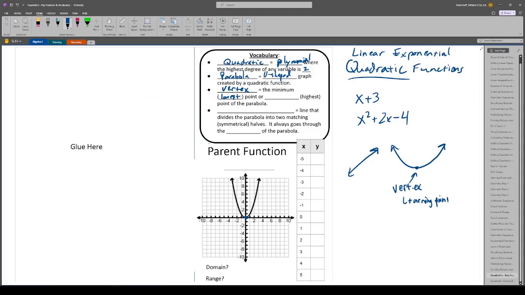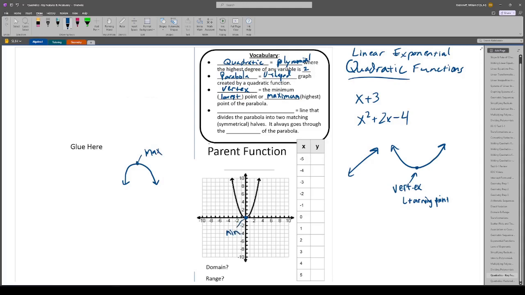It has a lowest point at the origin. But we can also cause vertical reflections, just like we could with lines. We can vertically reflect any kind of function or graph. If we reflect it, then that turning point becomes a maximum instead. Maximum is the biggest, so this here would be a max, and this here would be a min.